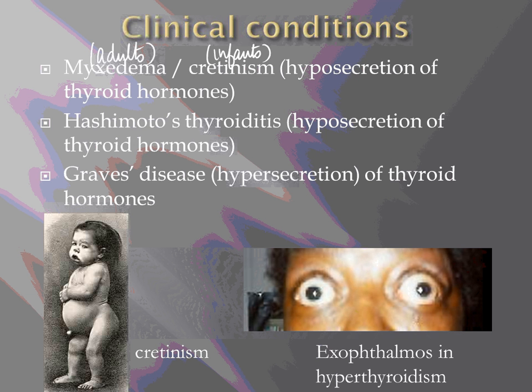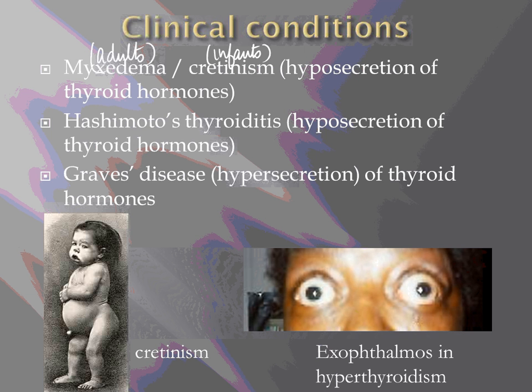In myxedema, there's less thyroid hormone, so the basal metabolic rate is low. These people are not metabolizing enough, so they are very tired and extremely lethargic. Protein synthesis is not occurring. Remember, that was one of the functions of thyroid hormone. So you'll find that the hair is extremely straggly, and the skin tends to bruise easily because keratin, a protein formed in skin, is not being formed properly.